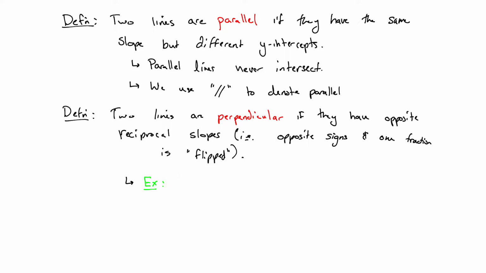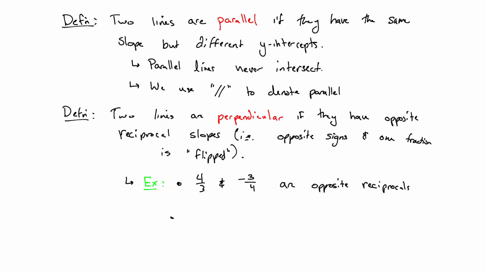So to give you two examples of what opposite reciprocals are, if I have 4/3, the opposite reciprocal of that would be -3/4. So opposite sign, so this is positive, this is negative, and then we flip the fraction. That's what it means by reciprocal. The numerator goes into the denominator and vice versa. Those are opposite reciprocals.